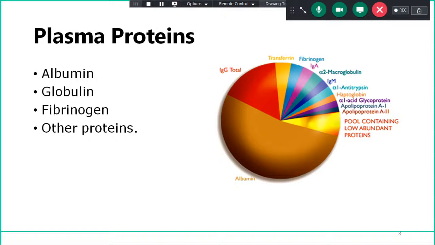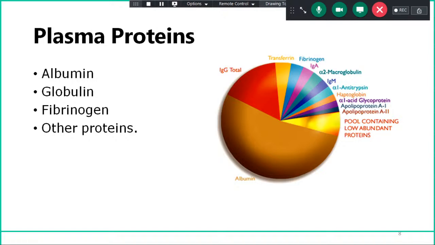In other proteins come the proteinaceous hormones, for example insulin, proinsulin, and luteinizing hormone, FSH, different types of hormones. Then there are certain enzymes present in the plasma, and certain regulatory proteins. These are all proteinaceous in nature, and they are less than 1% of the total plasma protein.